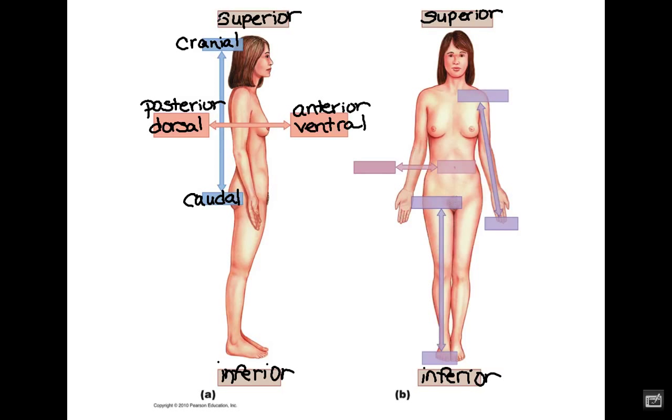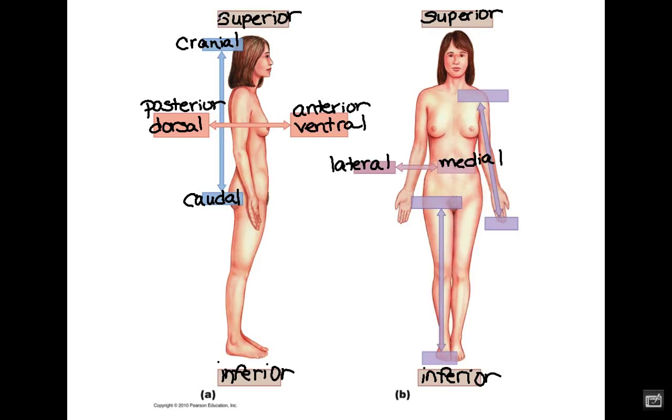Now, over in diagram B, we're going to deal with the little purple boxes here first. If I move towards the belly button, that is medial. And if I move away from the center there, that is lateral. Now, the two bluish colored boxes here are actually the same.